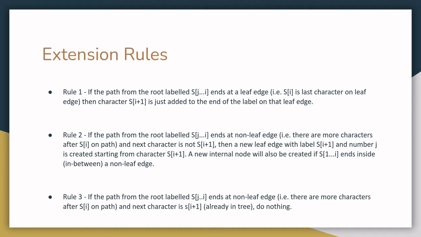So it will break off at that point. Rule number 3 states that if a path from the root is labeled as such and it ends at a non-leaf edge, but the next character which is at hand is already present as the next character in that particular branch, we do nothing. I understand that this can be very confusing to read just like that or to explain just like that. So we'll just have a look at an example to see how these extension rules work.